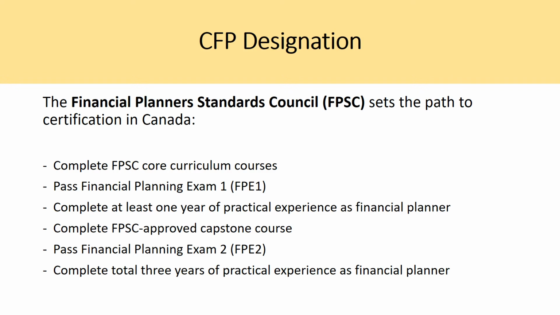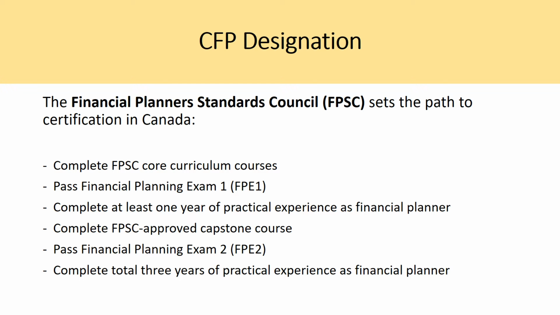So that's really important. Now, the Financial Planning Standards Council, the FPSC, sets the path to certification in Canada. And so there's the Certified Financial Planners course, the CFP certification. And so this is the path to achieve that certification. So first you complete your FPSC core curriculum courses in university at the college level.